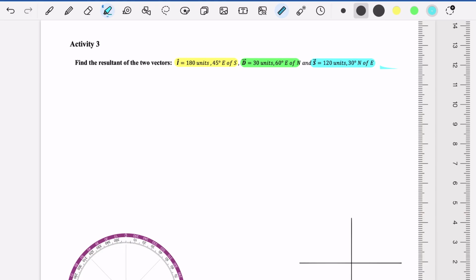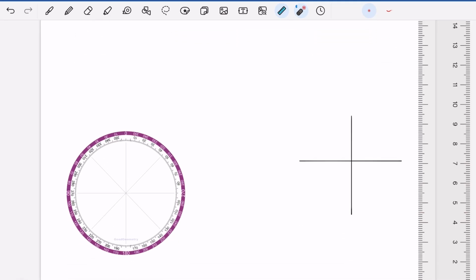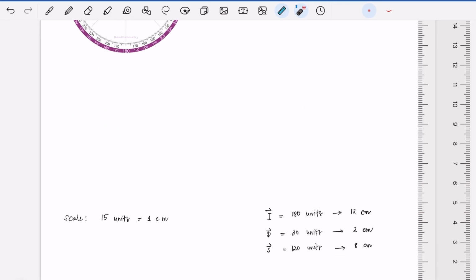Now, the very first thing that we have to do is to set the scale. I'm hoping you've been keen to observe that 180 units, 30 units, and 120 units are actually multiples of 15. So that's one of my clues for the scale that I'm going to use.